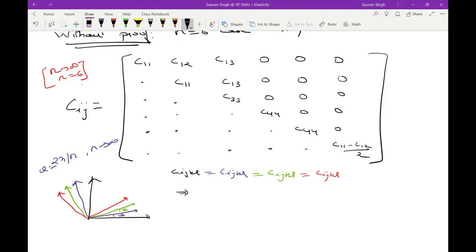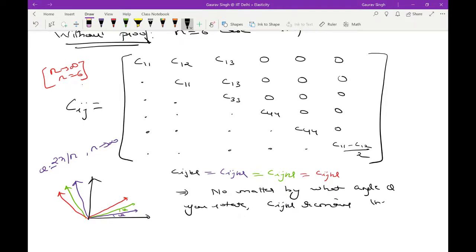What this would mean is that no matter by what angle theta you rotate, Cijkl remains the same about the z axis.